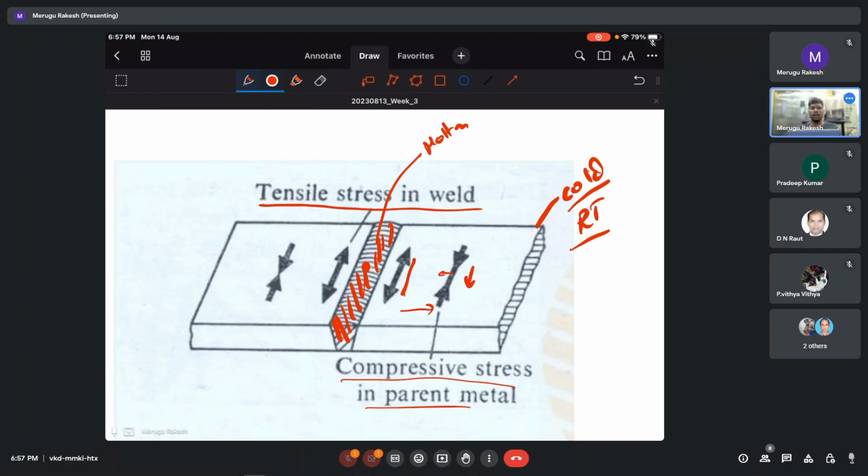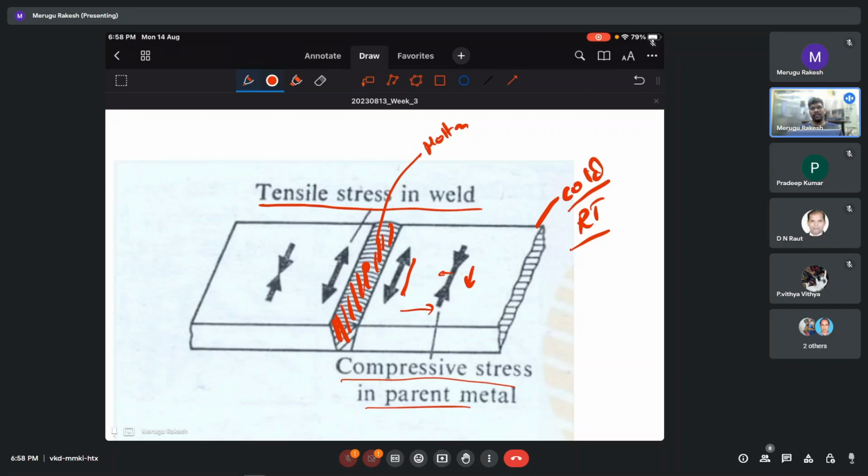This is not beneficial because it can deteriorate the mechanical properties of the weld joint. One example given by the professor is, if you take very high-cost glass and very cheap quality glass and drop them, the low quality glass will shatter into small pieces, but the high quality glass generally should not break, or if it breaks, there are only two or three pieces.